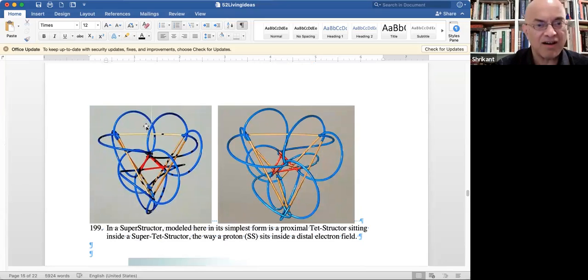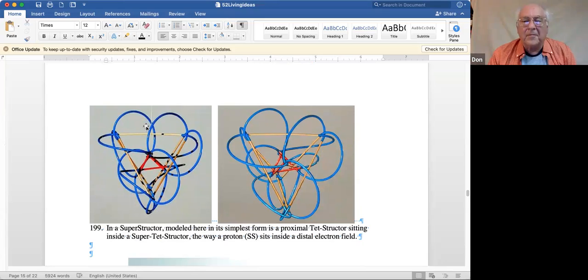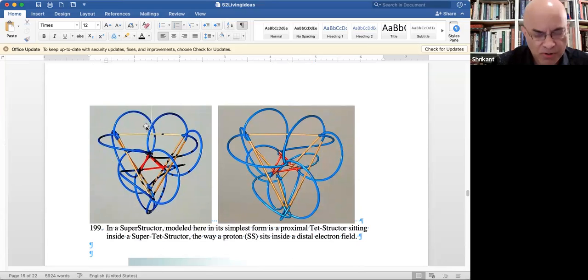Don, may I interrupt at this point? Yeah. What you're doing is really spectacular. It's a way of actually looking at the world very differently. I think maybe this is a good stopping point.